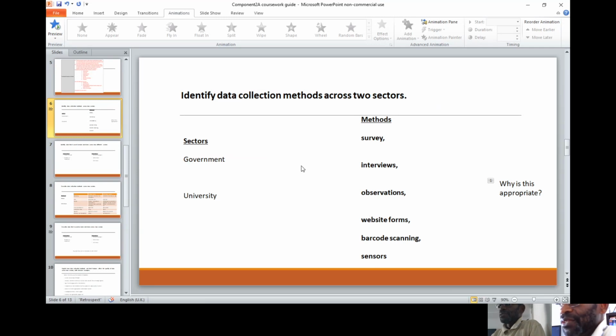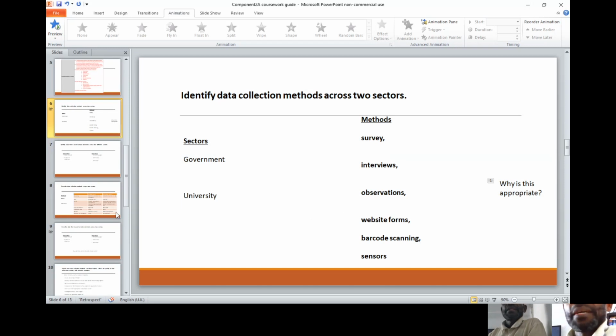The government sector may find it appropriate to use maybe survey because, why do you think they find it appropriate to use survey to collect that kind of information? Why do you think the universities will find it appropriate to use interview to get information about their potential students?